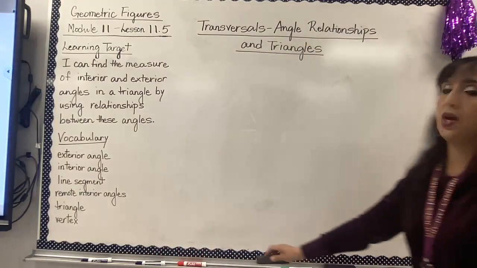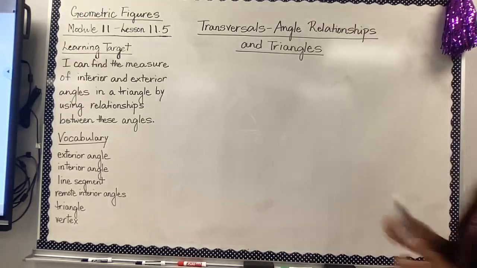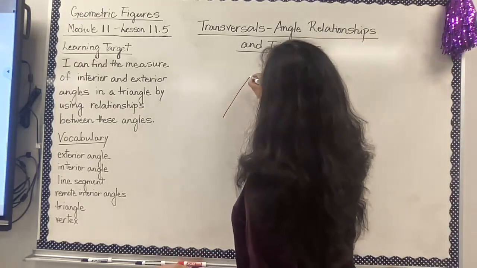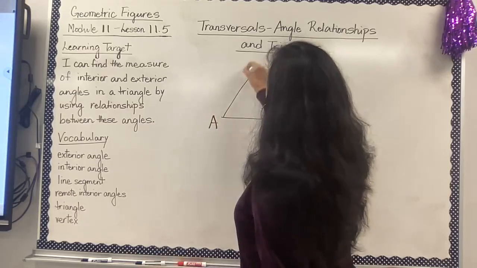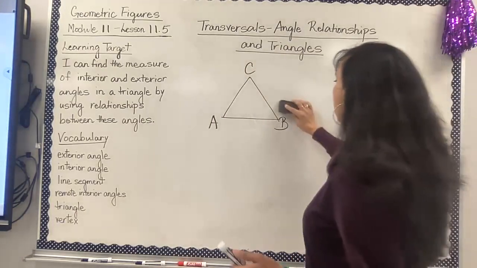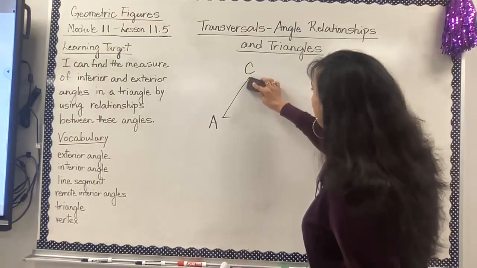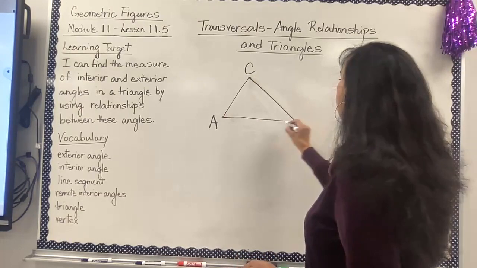All right, so let's say I have a triangle ABC. And again, please remember that things are not always drawn to scale, so I don't want you to be confused by that. Let's say I have something like this.